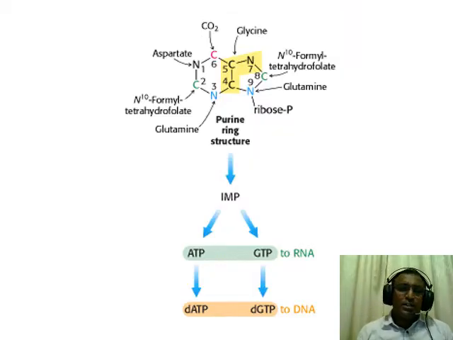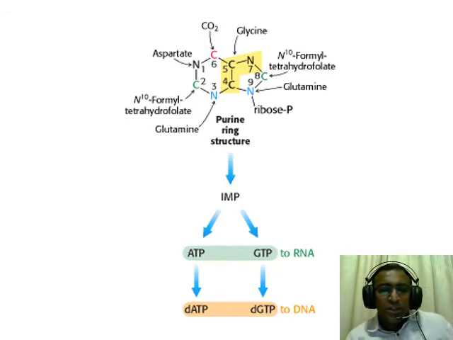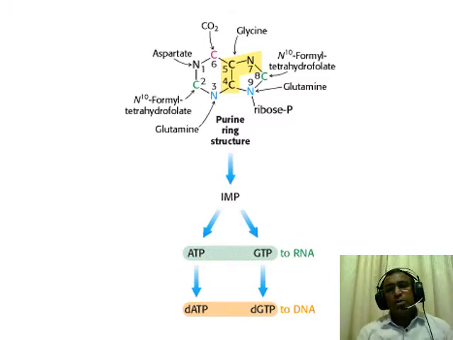So this slide summarizes the whole thing in terms of making the purine ring structure, where you can see up here the contribution done by many donors in order to make the two-ring structure. In terms of amino acids, you have aspartate, you have glutamine, another glutamine here, and glycine coming together to provide certain members of the purine ring structure.